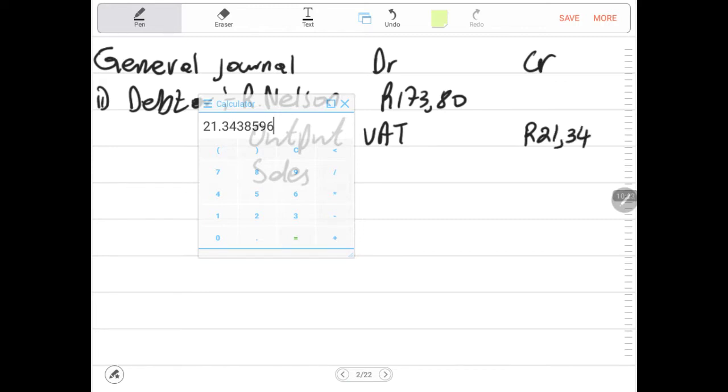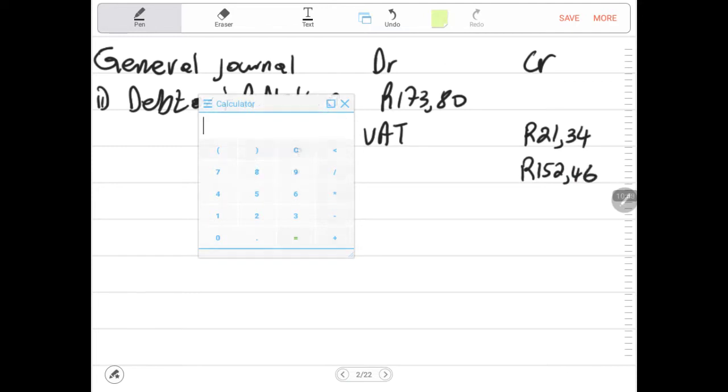So now this is our credit sales transaction, 21 rand 34 cents in terms of VAT. Then we say minus 173.80, and when we do that, this gives us the amount of the sales, meaning the one that will be income to us. It will be 152 rand 46 cents.